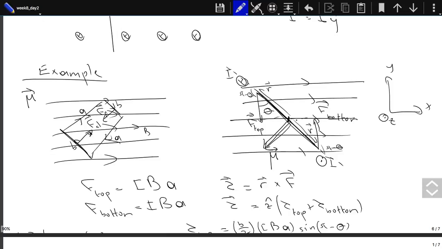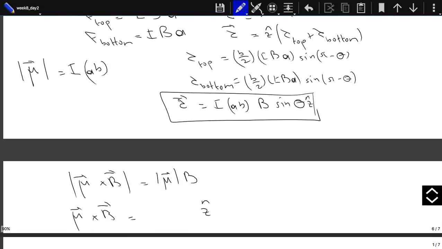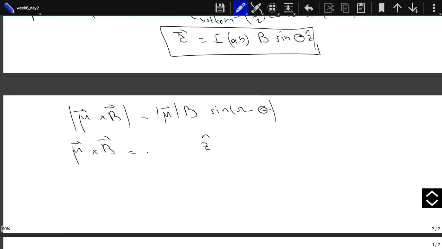Now this is mu, this is B. The angle between the two is this angle over here. What is that angle? Pi minus theta. So mu cross B is nothing but I times AB times B sine theta in the Z direction.